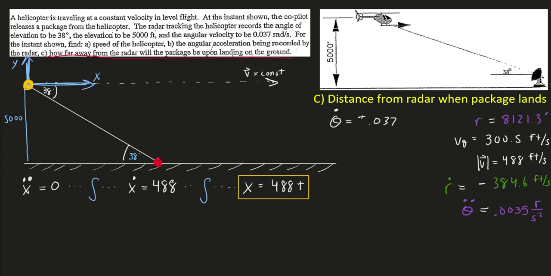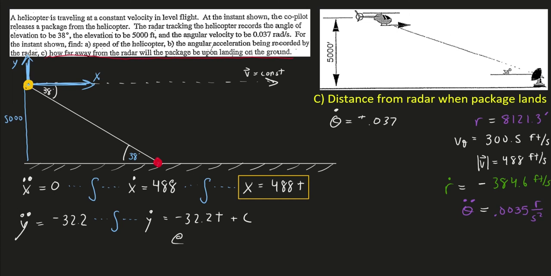Alright, let's go through the motions for y. I know that the acceleration in the y will equal the g number, which is negative 9.81 if we're in SI units, or negative 32.2 as we are here. So negative 32.2. I'll take an antiderivative. Y dot will equal negative 32.2 t plus c.